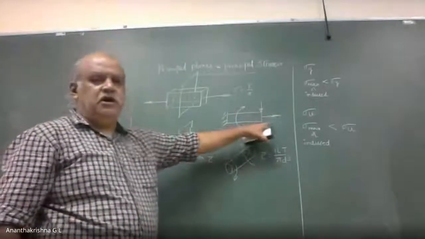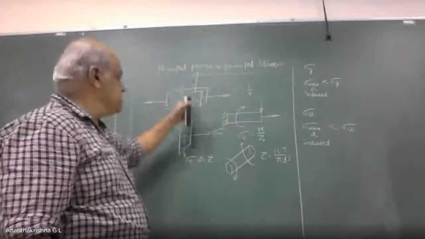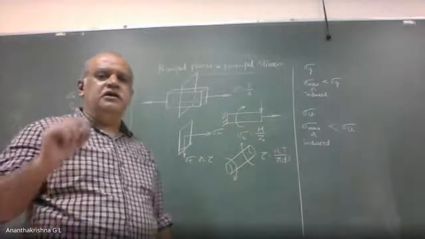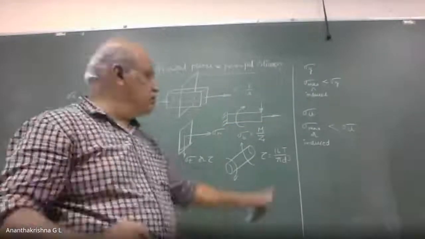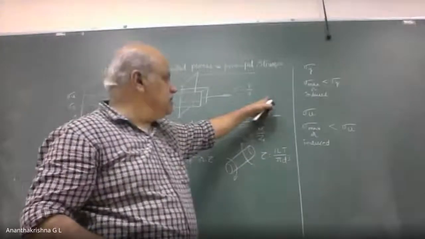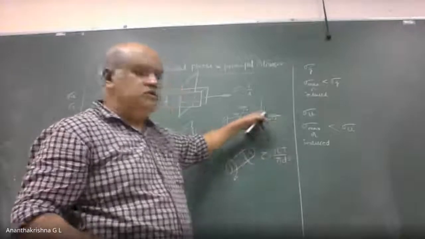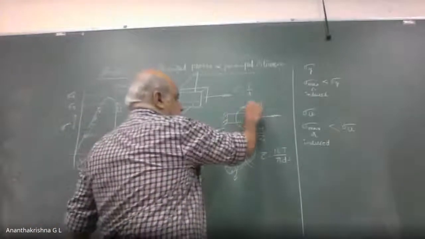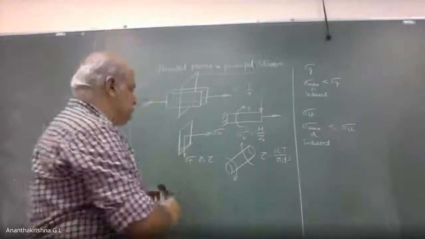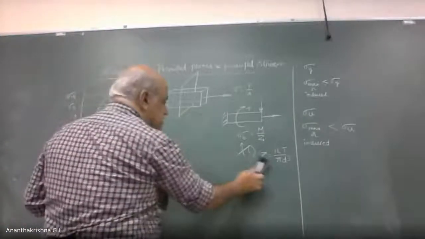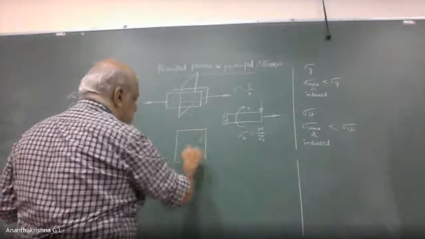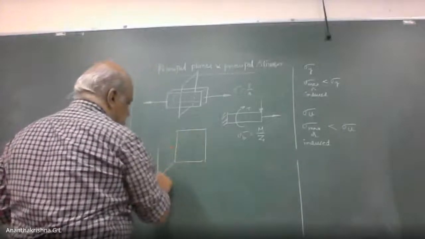If I take a section plane perpendicular to the axis, I will not be able to get the maximum stress induced because of the transverse load, axial load, and torsional load. Is that okay? So in such cases, there are certain planes which will give us the maximum stress induced.